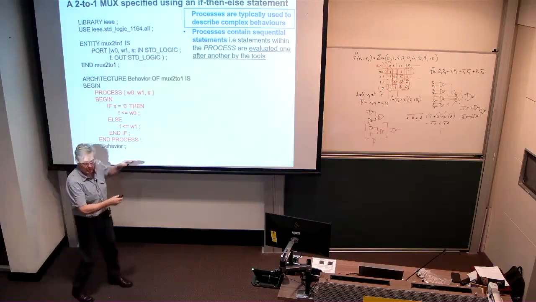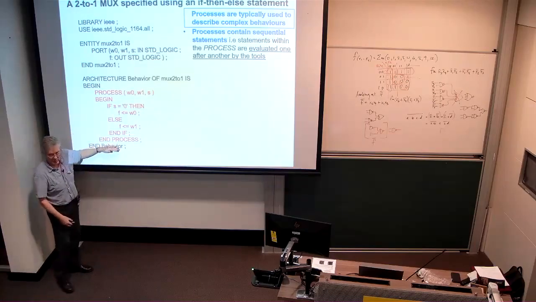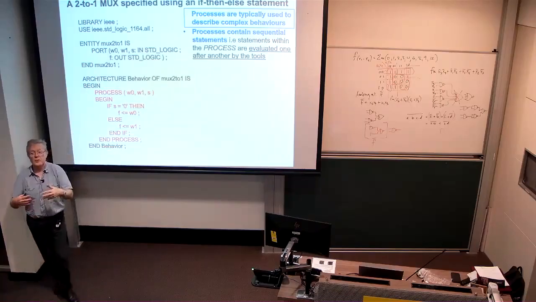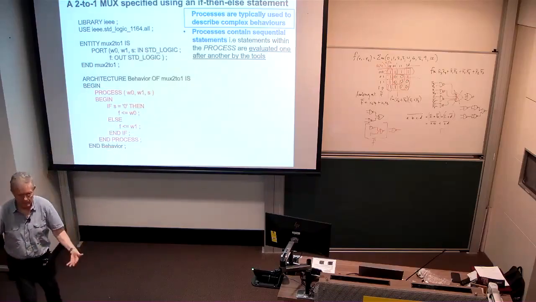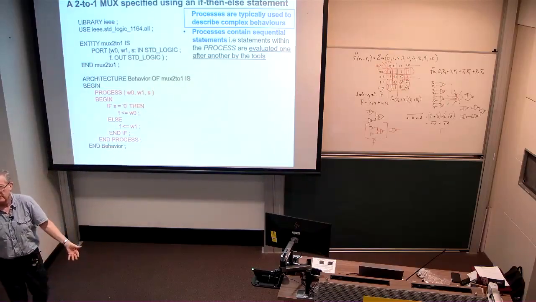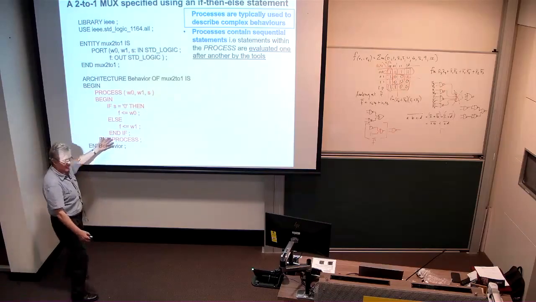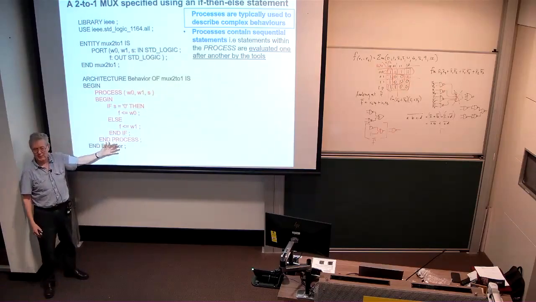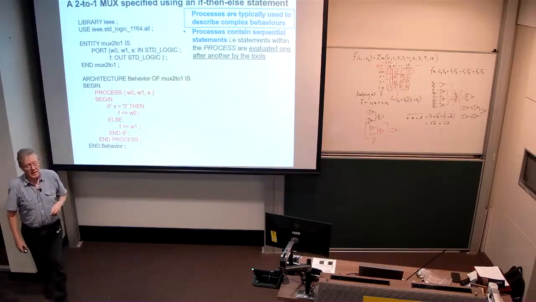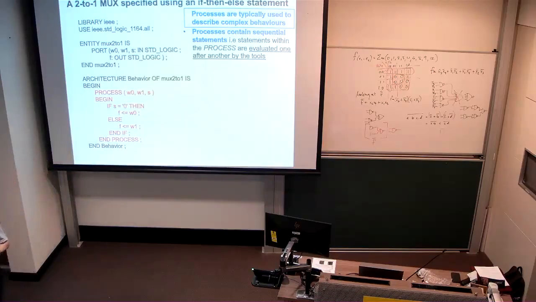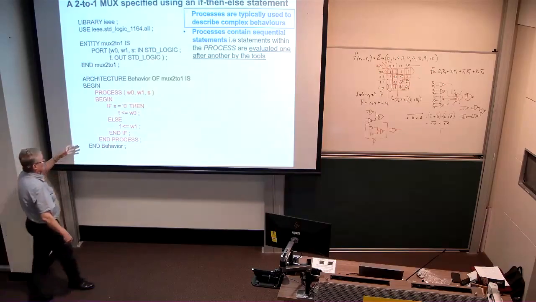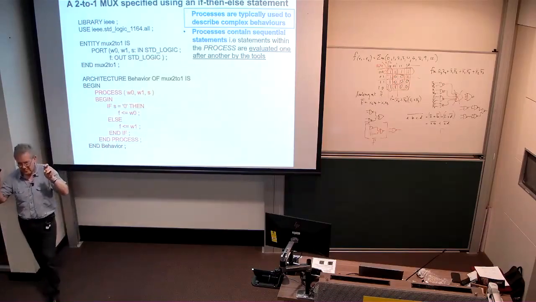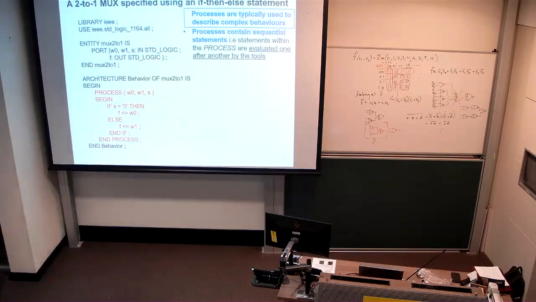So the tools will evaluate these statements sequentially that are inside the process. But the resulting circuit is going to be a parallel circuit, just like all the others. It's not going to be any different from the mux that you've seen so far. I'm only going to say this once at this stage and not really explain it any further. The process actually takes only infinitesimally small amount of time to execute.